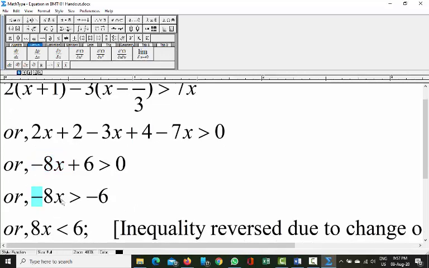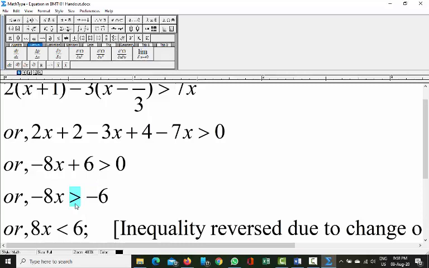So here we will have minus 8x. If you bring this one from the left hand side to the right hand side, it will become minus 6. Now we will change the sign. If you change the sign on both sides, for example, here we have minus, we will get plus. Here also we have minus, we will get plus. So if you change the sign on both sides, the relationship will also change.